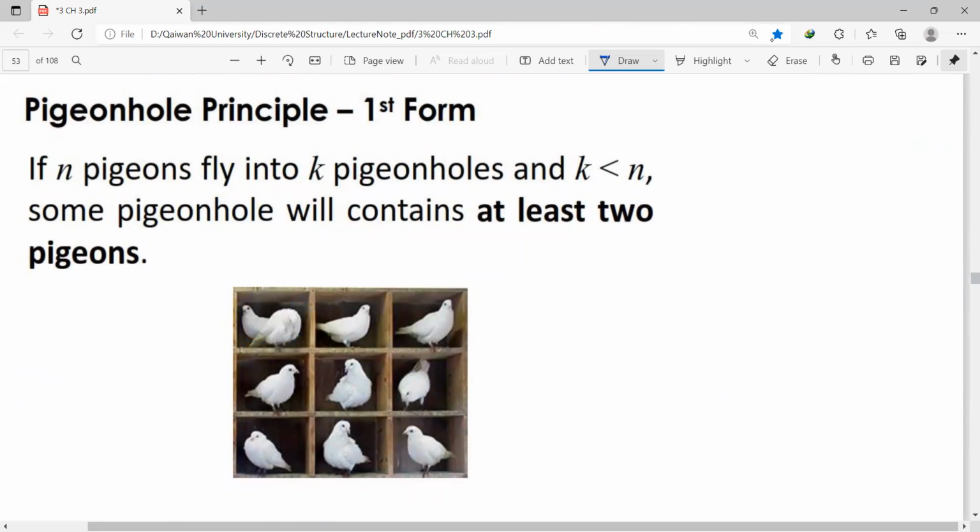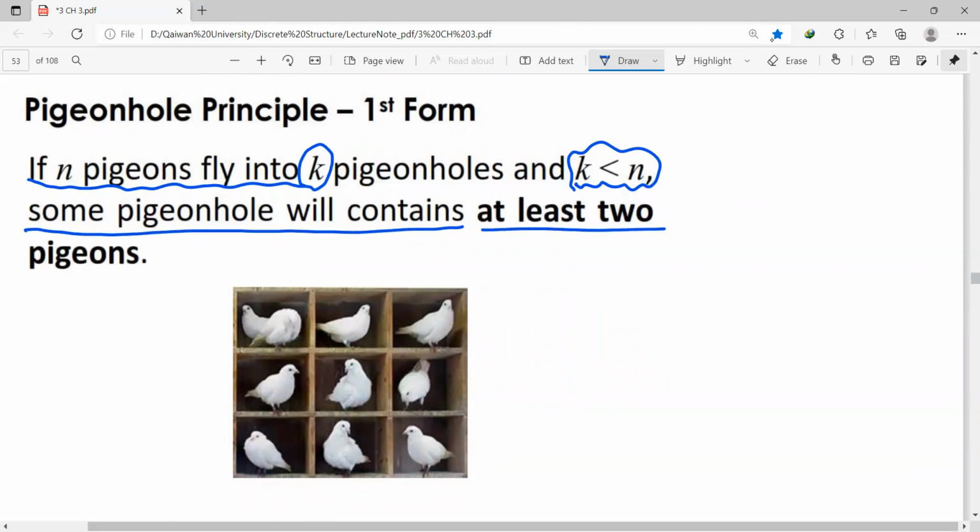You say if n pigeons fly into k pigeonholes and k is less than n, here the number of pigeonholes must always be less than the number of pigeons, then some pigeonhole will contain at least 2 pigeons.